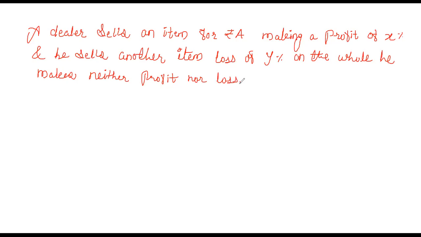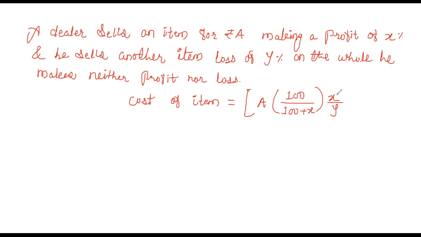then the cost of the second item is rupees A into 100 divided by (100 plus X), into X divided by Y. Once again, I will read it.